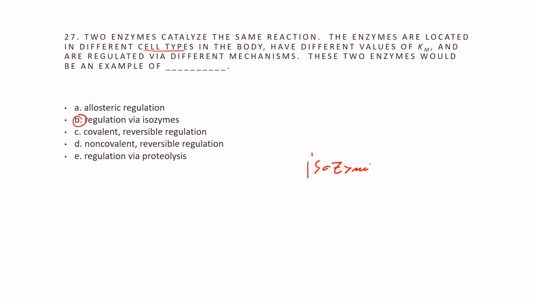Questions about that? Yeah. So what would allosteric regulation do? So that's kind of like a non-competitive inhibition, right? So that would be like, here's our enzyme, right? It's got this active site, and then we allosterically bind something to it.